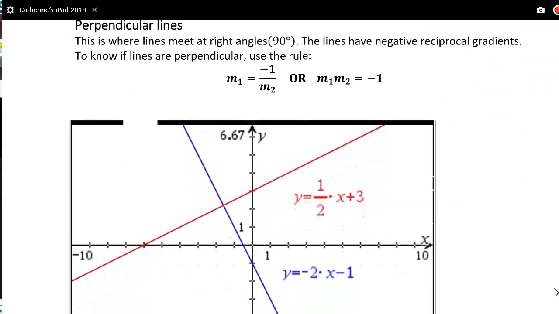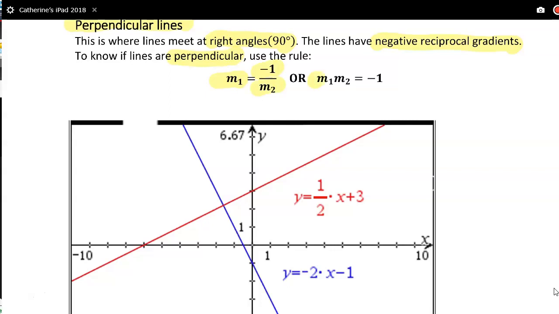Now you might remember perpendicular lines. This is when lines meet at right angles, 90 degrees. So these lines have negative reciprocal gradients. To know if these lines are perpendicular, you use the rule: the gradient of one equation is equal to -1 over the gradient of the other.